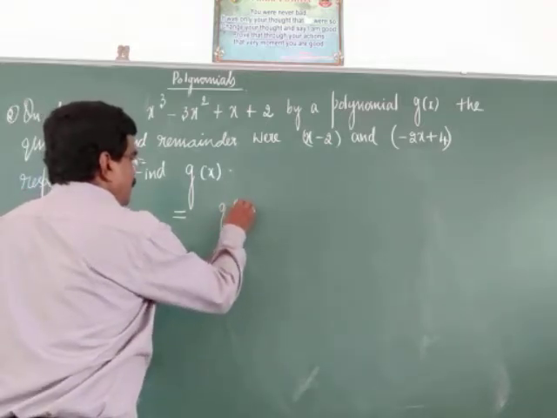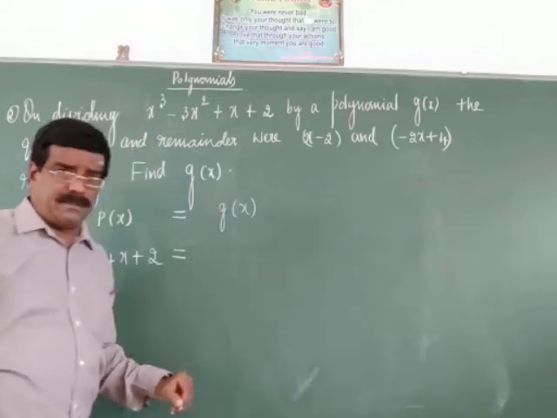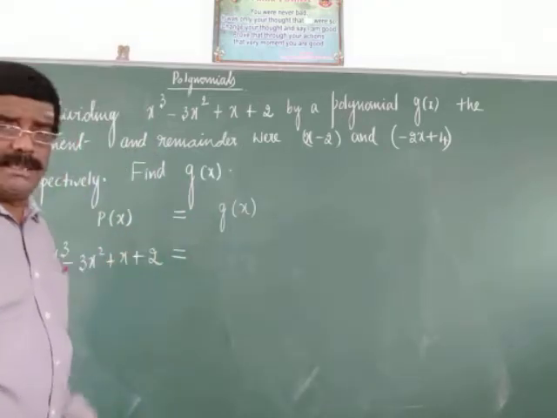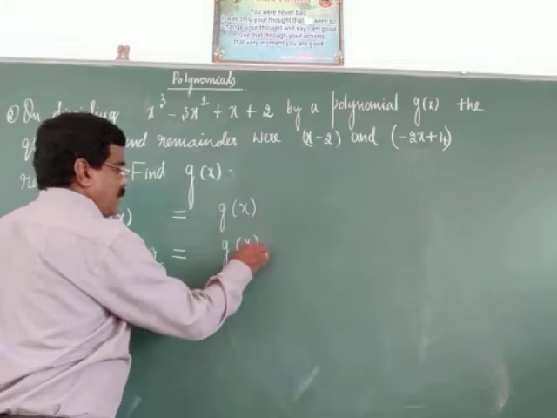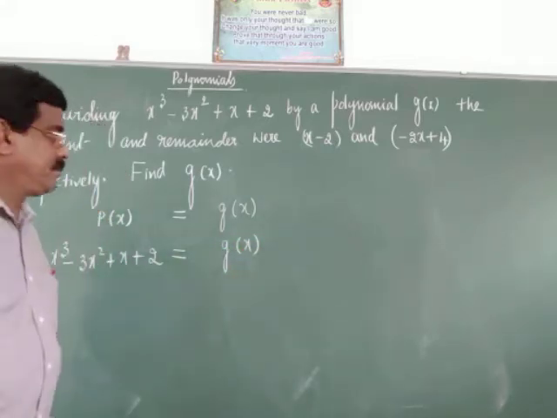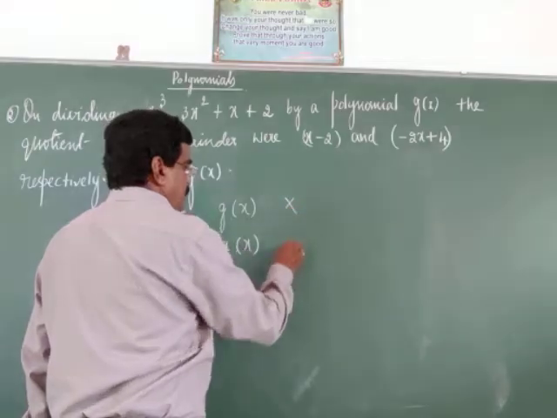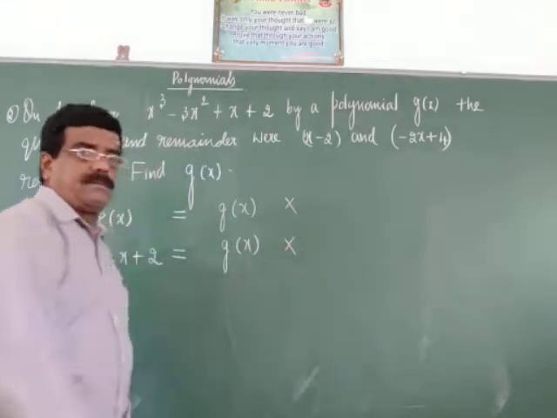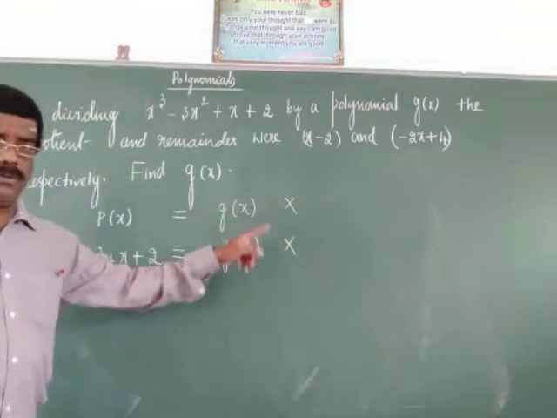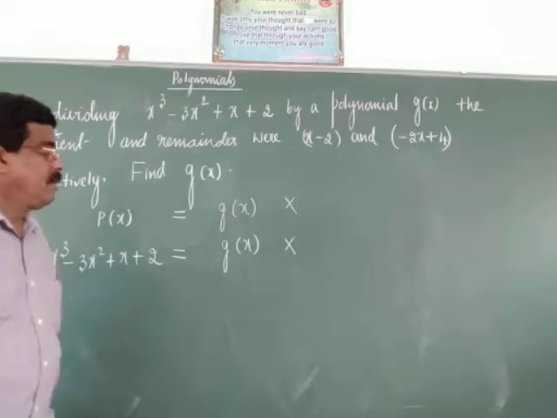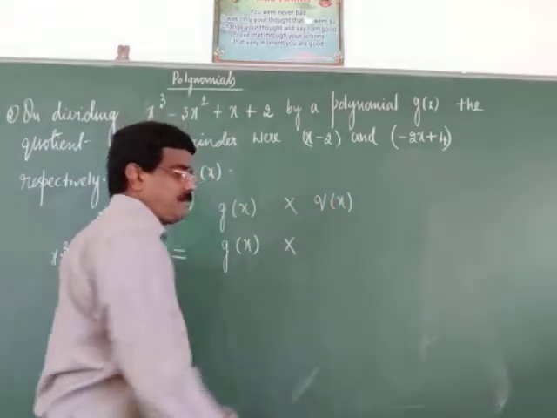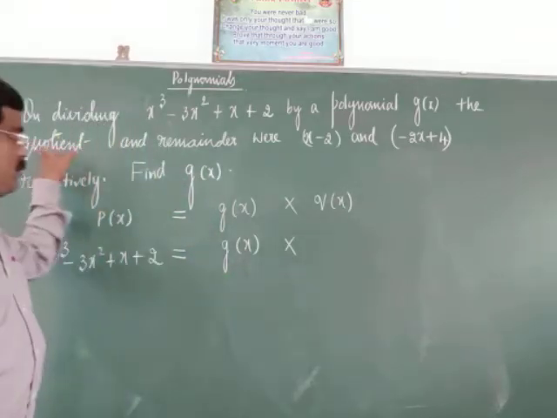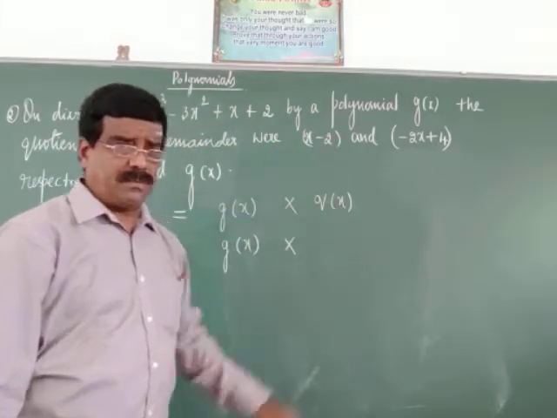Then the division algorithm says g of x. In this question you have to find g(x), so g(x) will stay as it is, because you have to find it. See, how to write the into, how to write the equals, everything you have to learn. Q of x means quotient. See, the quotient is x minus 2.